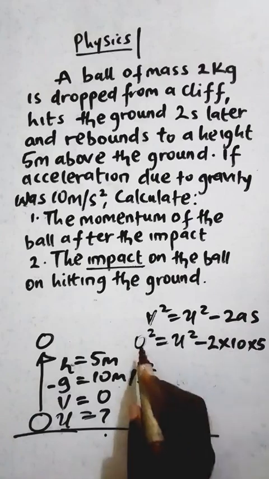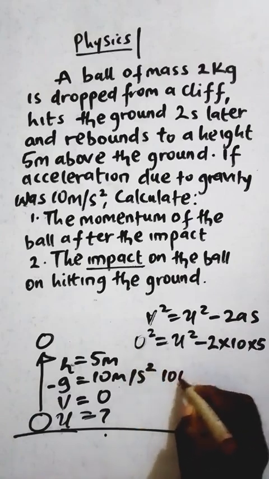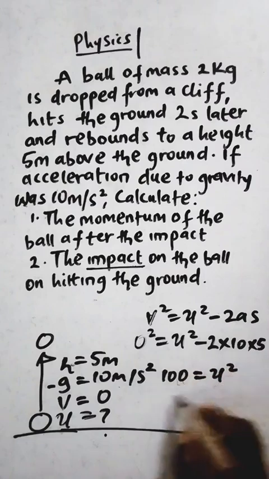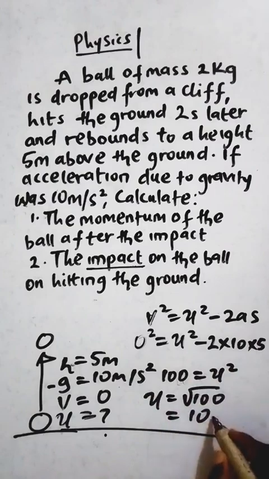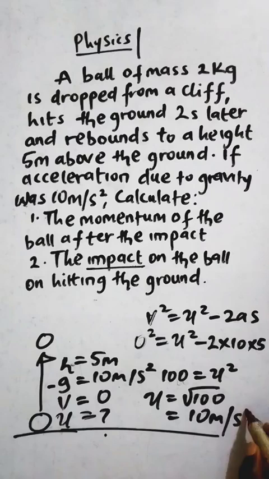So you have 100 equal to u squared. That means u is the square root of 100, which gives you 10 meters per second. That is the velocity after hitting the ground when it was rising back. So the velocity with which it began to rise back up into the air is 10 meters per second.